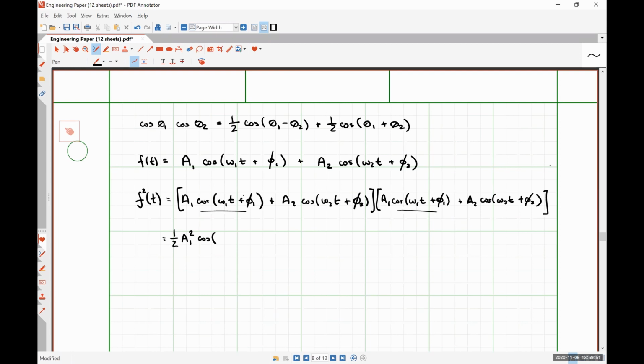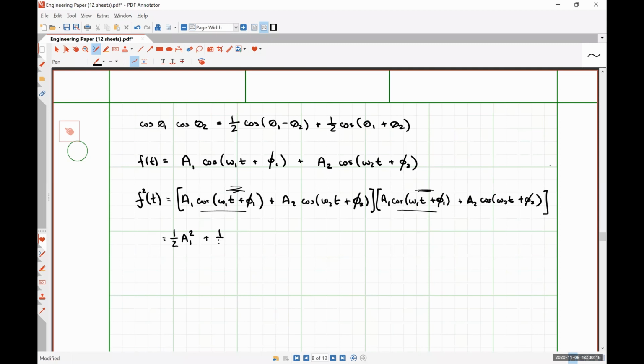So when I subtract this angle from this angle, what do I get? What's omega 1t plus phi 1 minus omega 1t plus phi 1? 0. They cancel each other out, right? So cosine of 0 is just what?